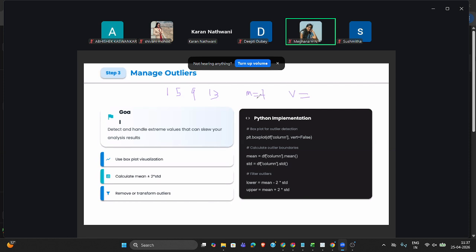So 1 minus 7 is 6, 36 plus 36 is 72, correct? 72 plus (5 minus 7) is 2, square 4 plus 4, 80 divided by 4, it is 20, correct?